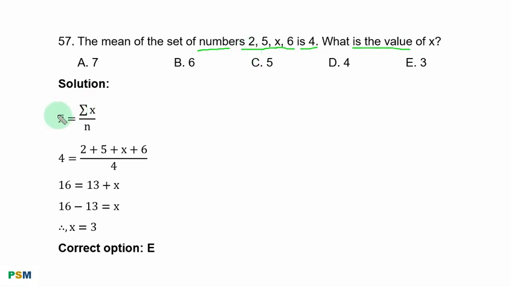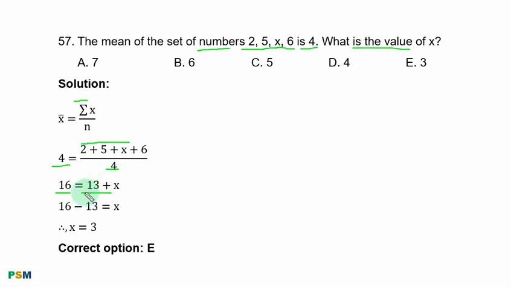The mean S bar is equal to summation S over N. The mean is 4. You add the 4 given numbers, divide by 4. Multiply through by 4 to clear fraction. Here becomes 16 equal to 13 plus S. 2 plus 5 plus 6, 13 plus S.